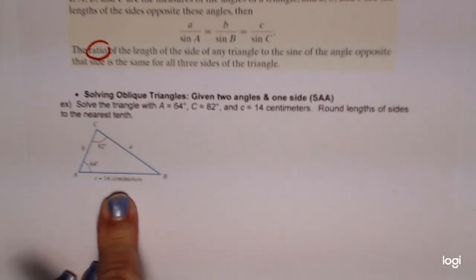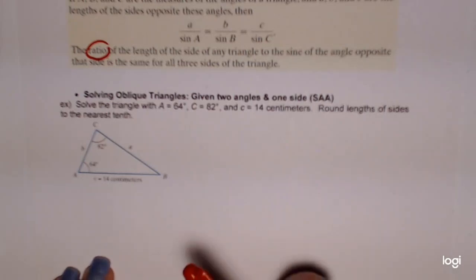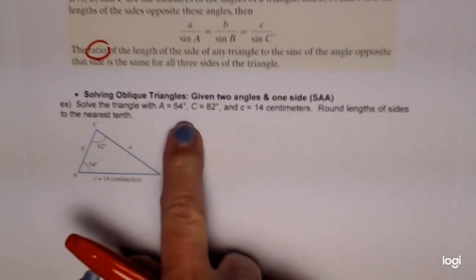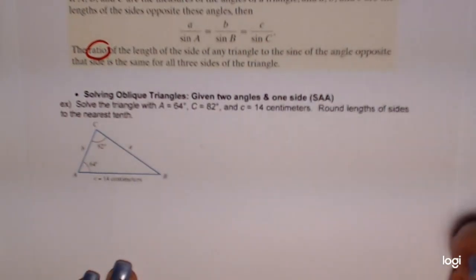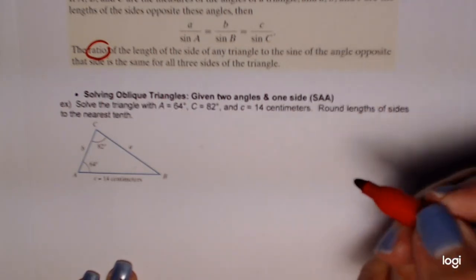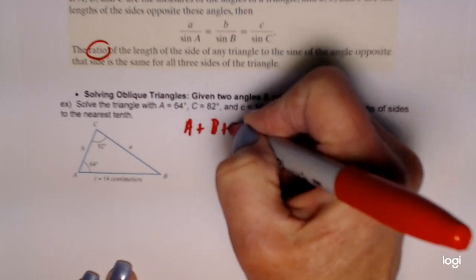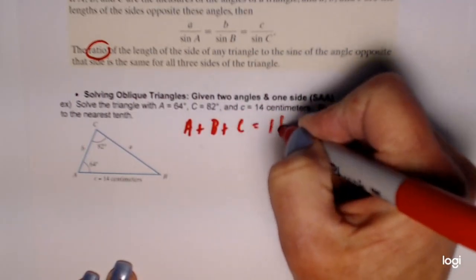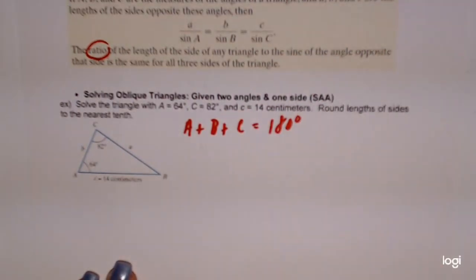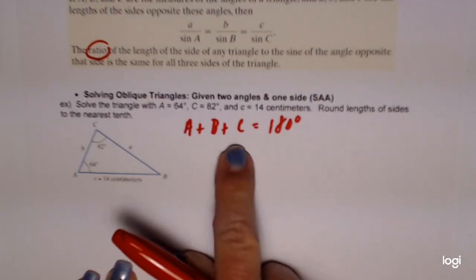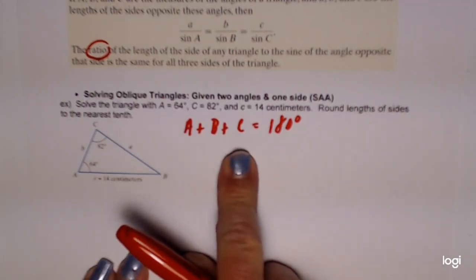So I'm thinking we need all 3 angles. To me, the easiest way to get started, since we know 2 of the angles, is to solve for my third angle, which is angle B. We know that all 3 angles of a triangle always equal 180 degrees.